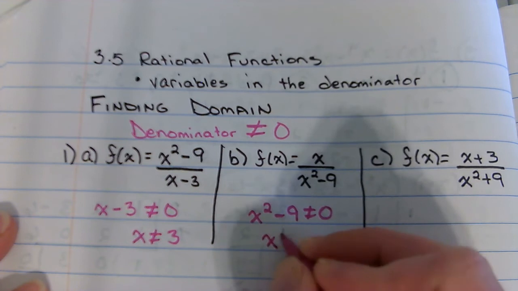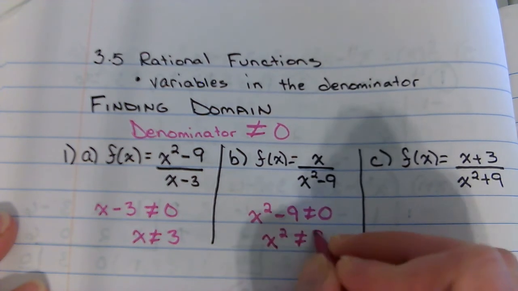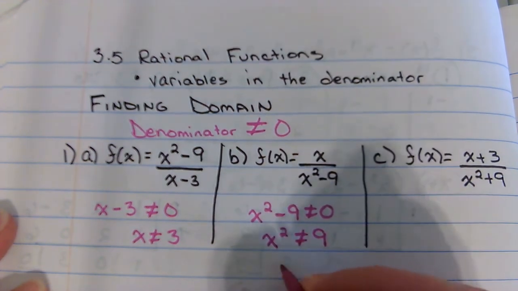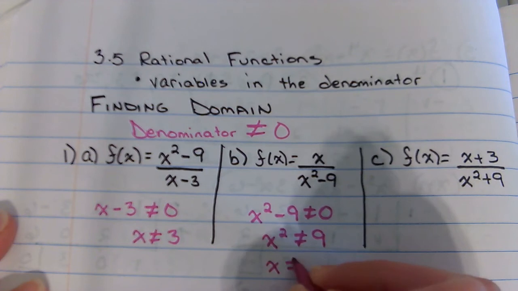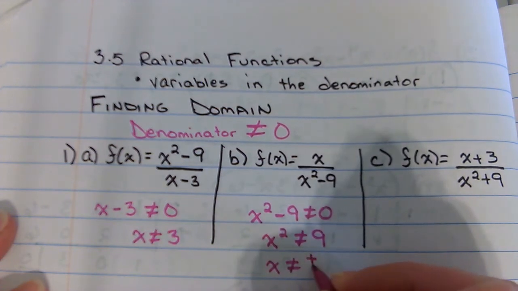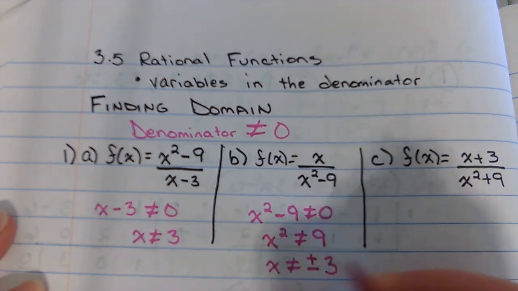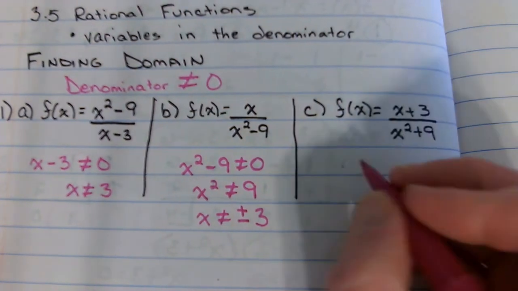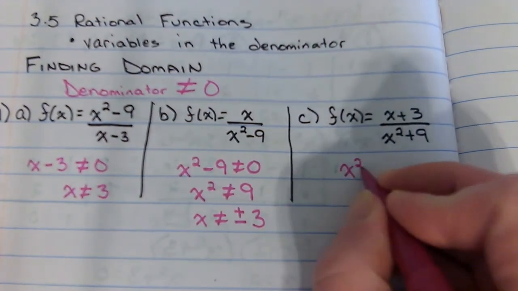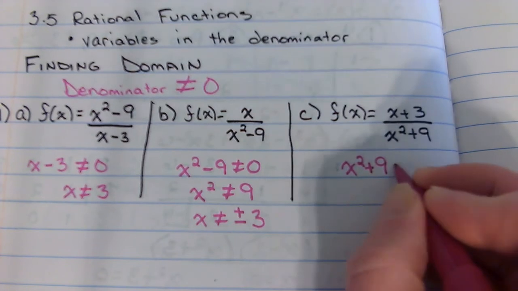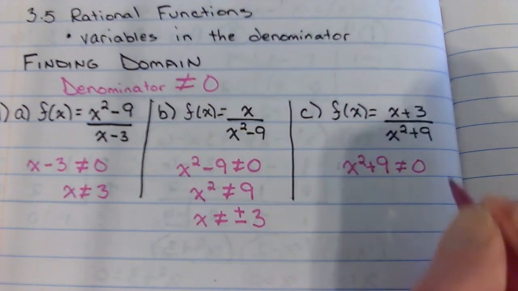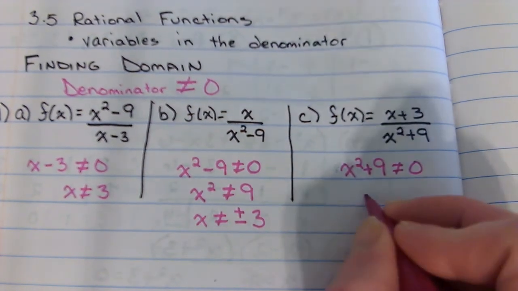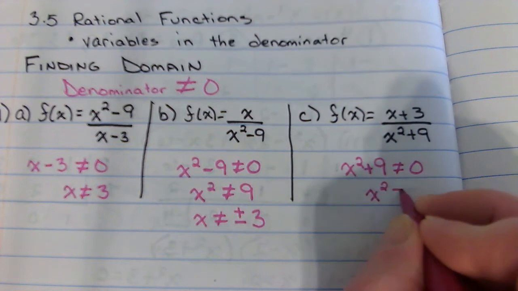Okay, so when I solve and take the square root of both sides, there's going to be a plus or minus. Don't forget the plus or minus. Last one. Well, that's almost like the last one, but there's something weird about that. What's going to happen when I solve?